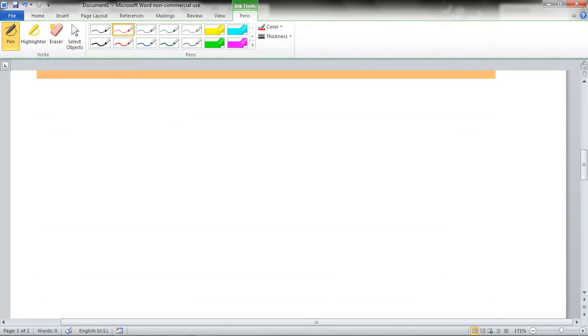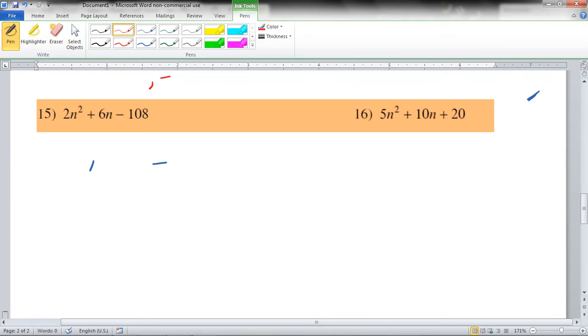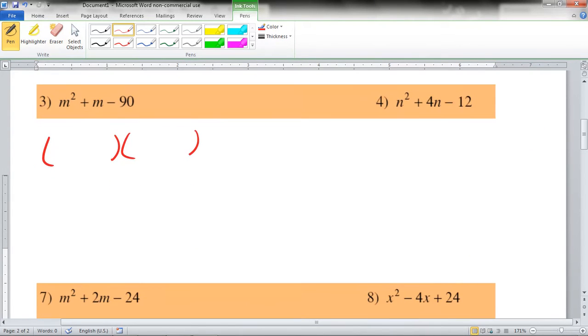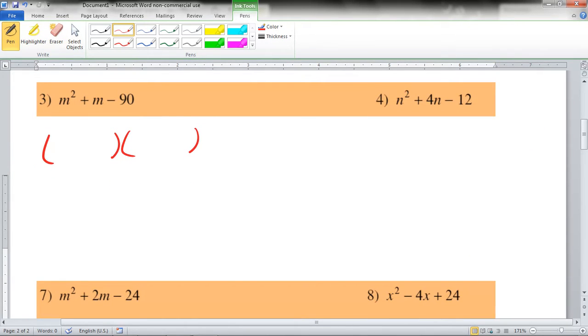There are not that many, okay? Picked out like 8 problems. So first term, easy enough, m and m, and then this last term has to be multiples that multiply to give you 90. That's 1 and 90, 2 and 45, and then 3 and 30, and so on. But I can almost tell it's going to be 10 and 9.